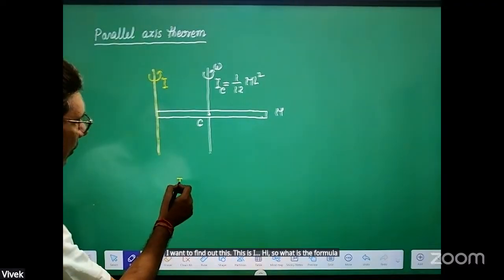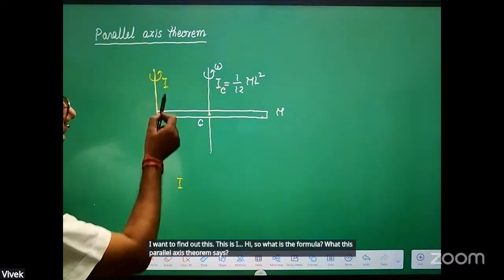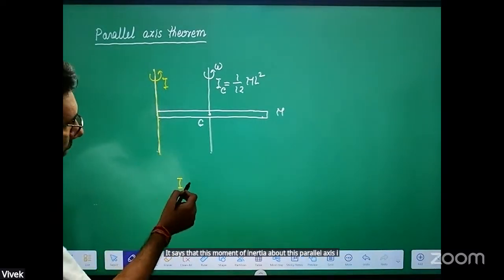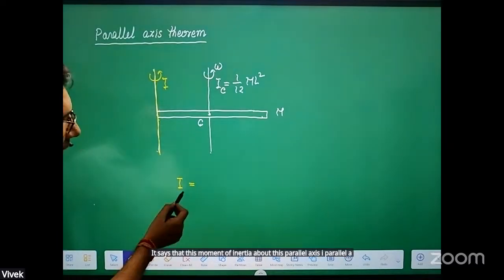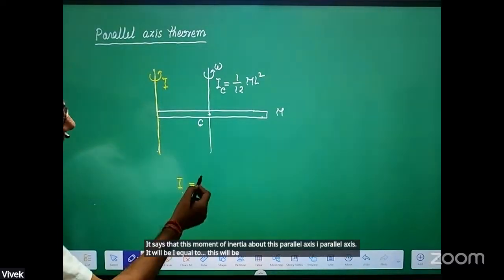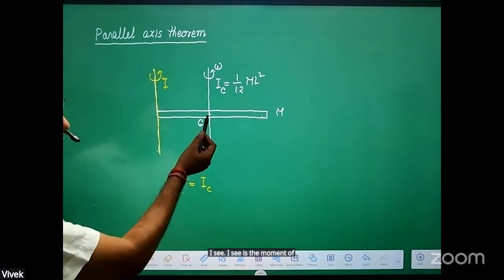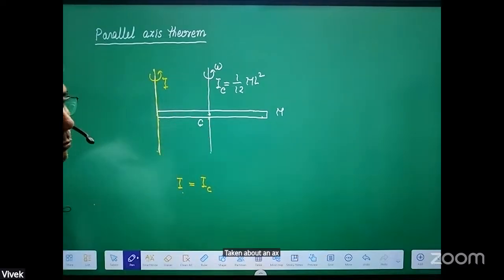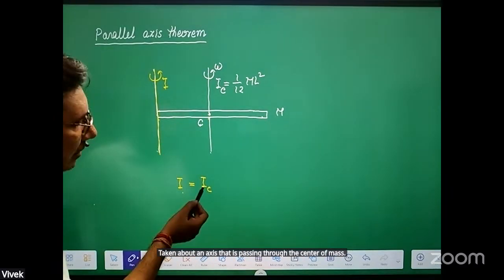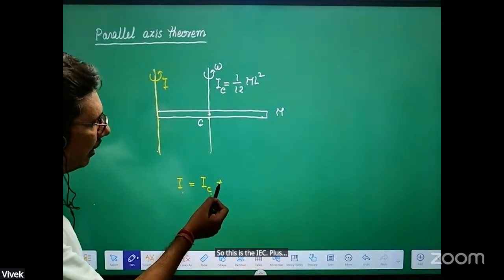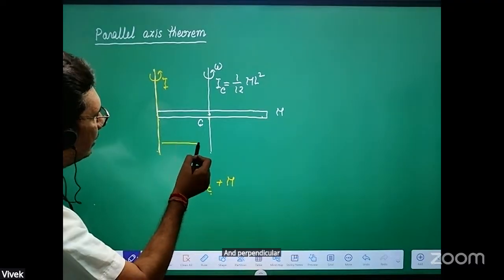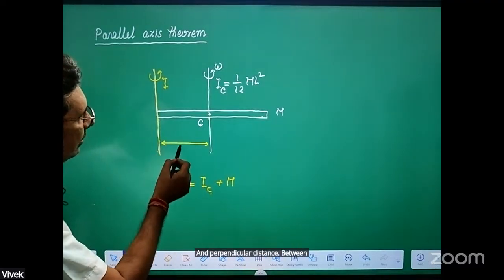The parallel axis theorem says that the moment of inertia about this parallel axis is I equal to IC, the moment of inertia of the object about an axis passing through the center of mass, plus the mass of the rod times the perpendicular distance between these two axes squared.